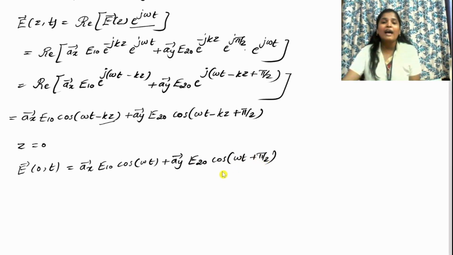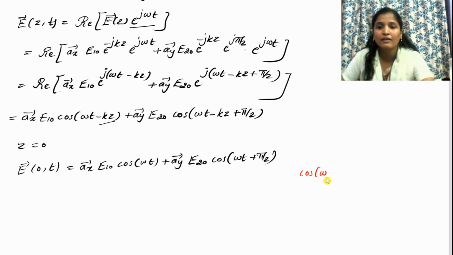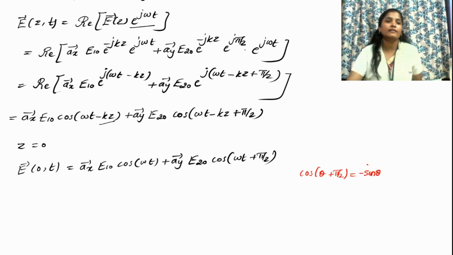We can use the trigonometric relation: cos of theta plus pi by 2 is nothing but minus sin theta. So we can apply the formula here.